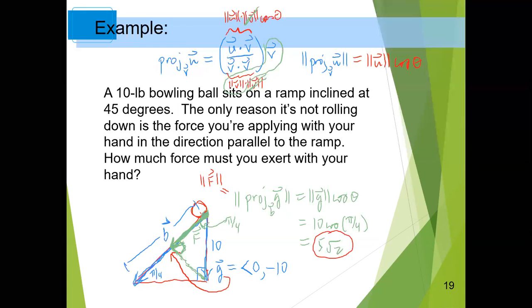So how much force am I going to have to exert to keep that bowling ball in place up here? 5 square root of 2 pounds, since I'm pushing in the direction parallel to the ramp. So this right here is the pounds of force.